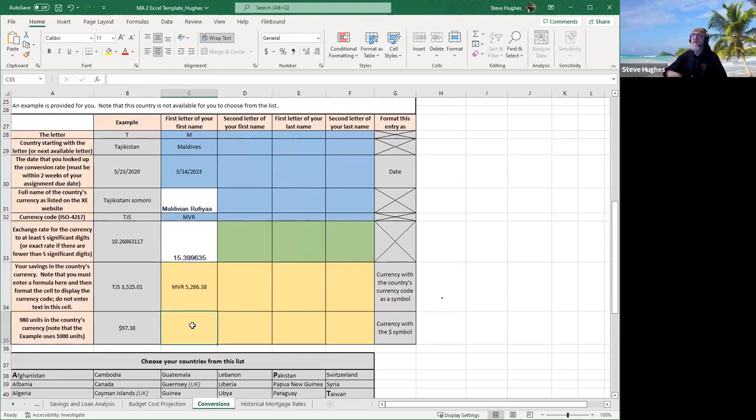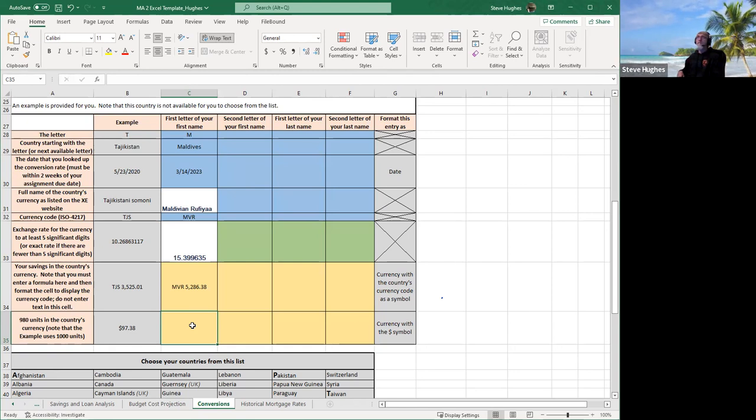Next it says 980 units in the country's currency. Note the example uses 1,000 units. Okay, so mine is 980. It's in the country's currency. What would that be in US dollars?